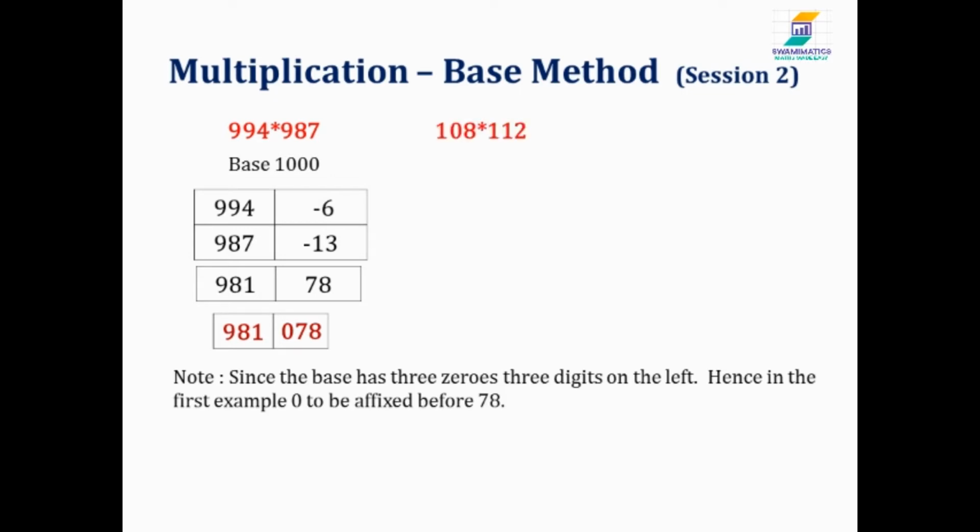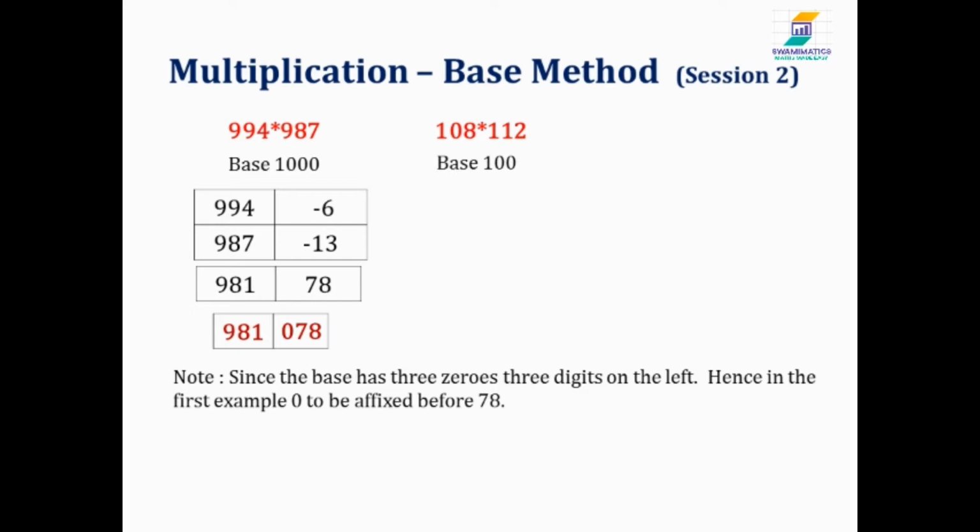Now take the numbers 108 and 112. See, these are also three-digit numbers, right? But the numbers are close to 100. In the earlier case, the numbers were close to 1000, so we chose 1000 as the base. But here, since the numbers are close to 100, I take the base as 100.